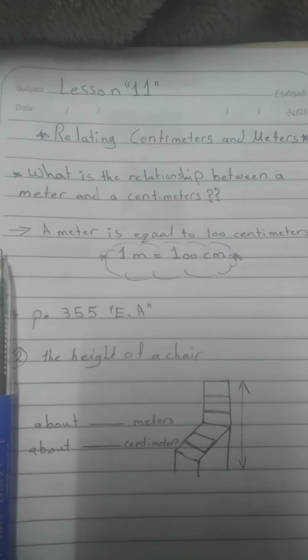Equals 100 centimeters. So, using the unit meter, it's 1 meter, and it's about 100 centimeters, okay? When we measure it using meters, it's about 1 meter, and using centimeters, 1 meter equals 100 centimeters. So, it's 100 centimeters.